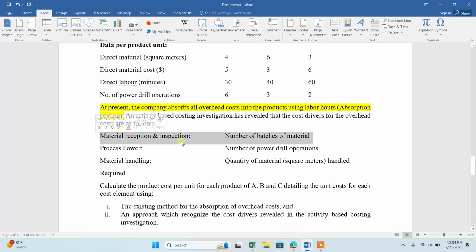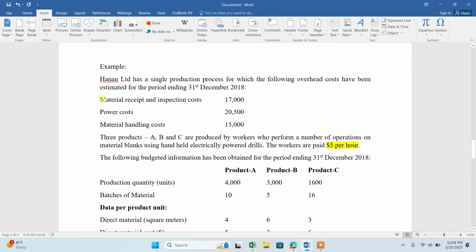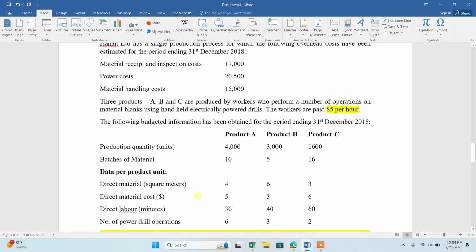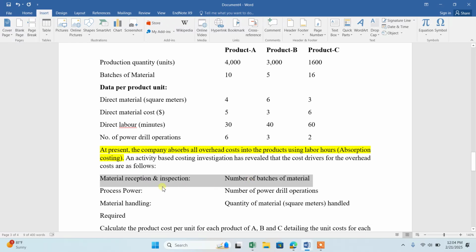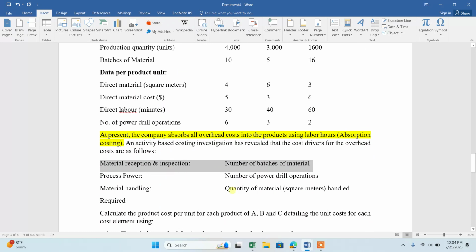For the material reception and inspection overhead cost, the cost driver is the number of batches of material. For the power cost, the cost driver is the number of power drill operations.